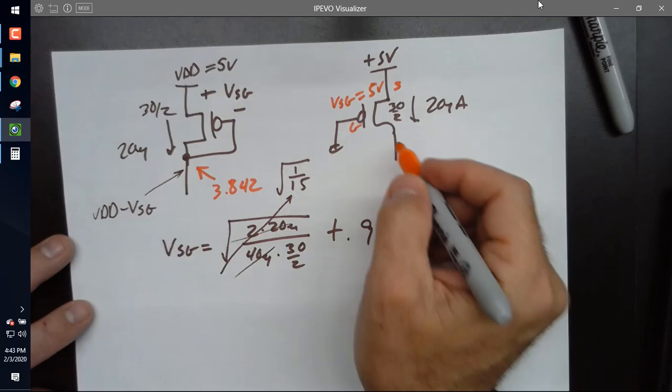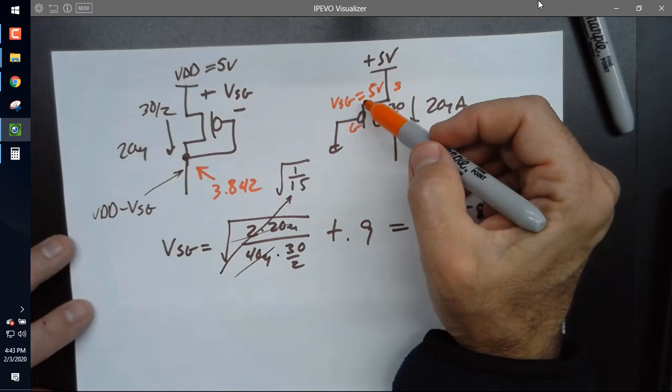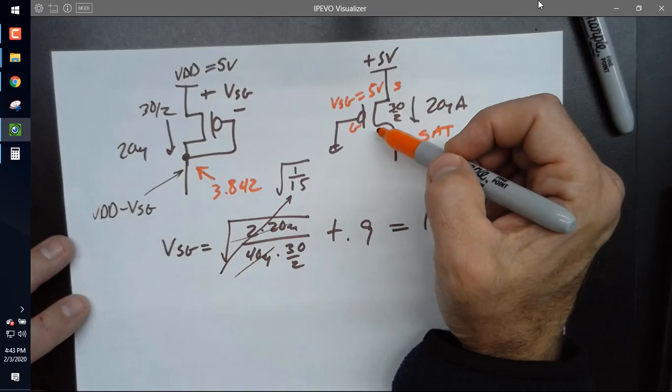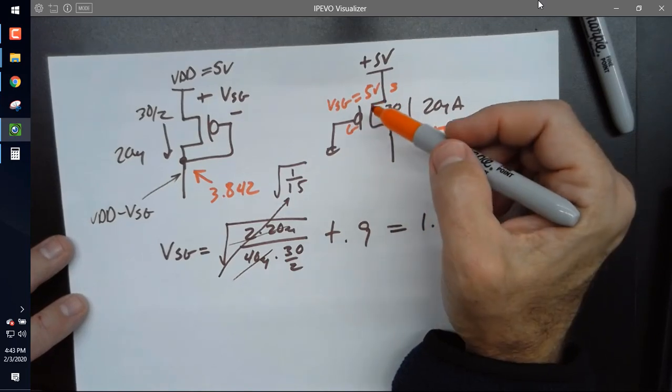And for this to be in saturation, let me ask: is VSG greater than the threshold voltage? What is the threshold voltage for the PMOS? 0.9. So is VSG greater than the threshold? Yes.